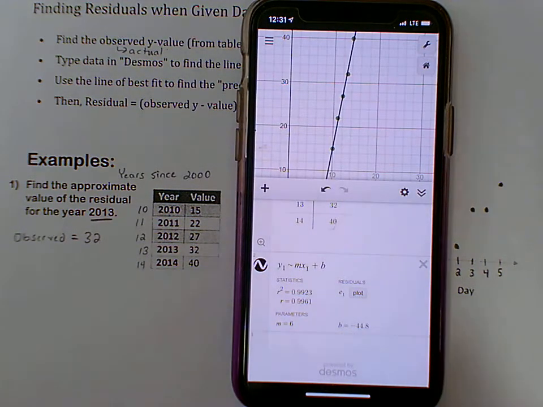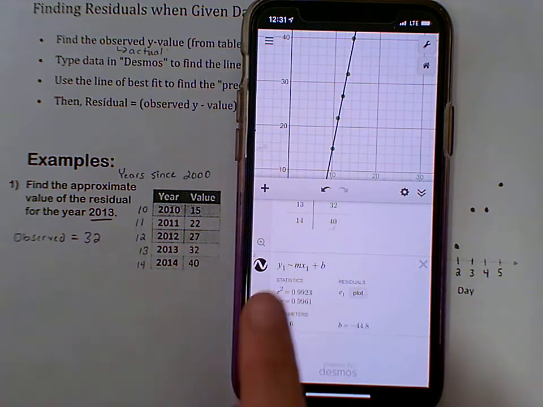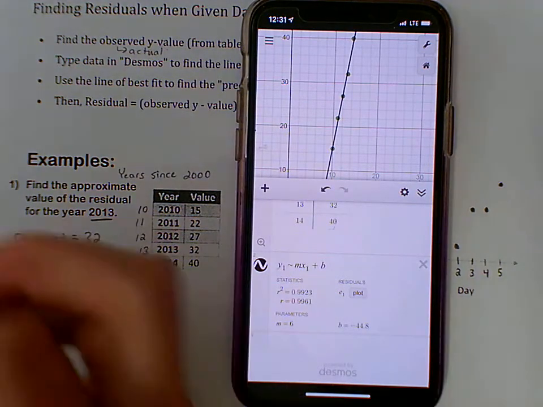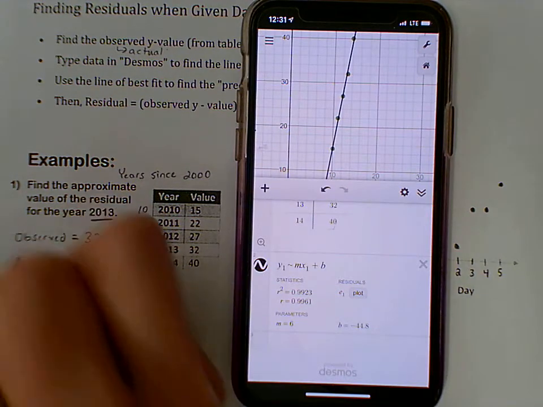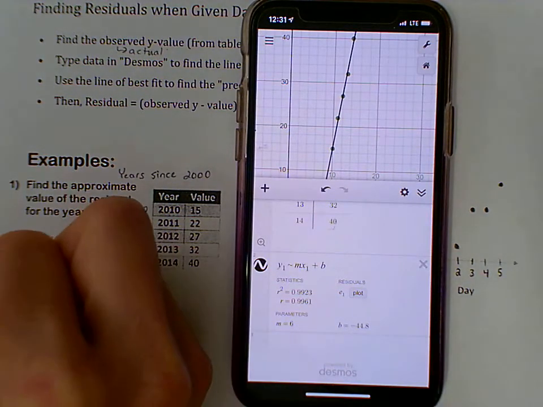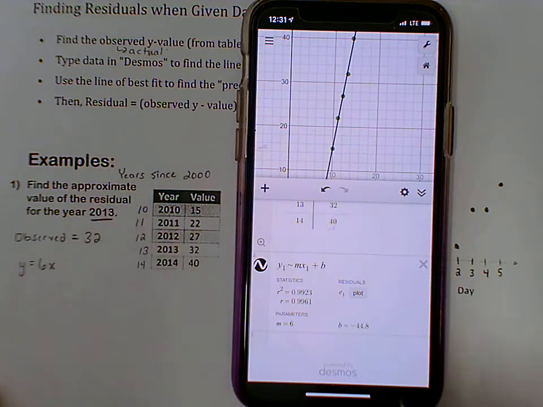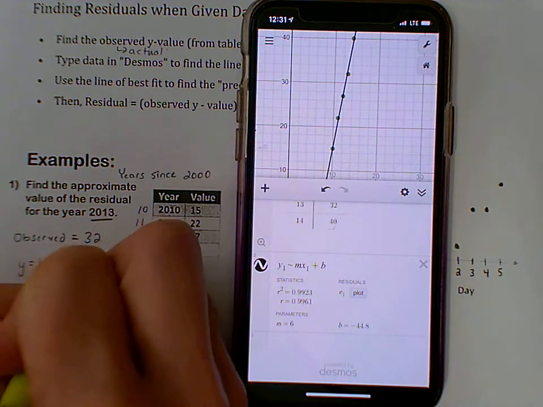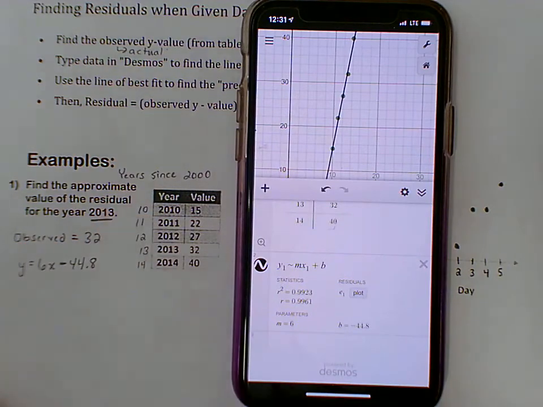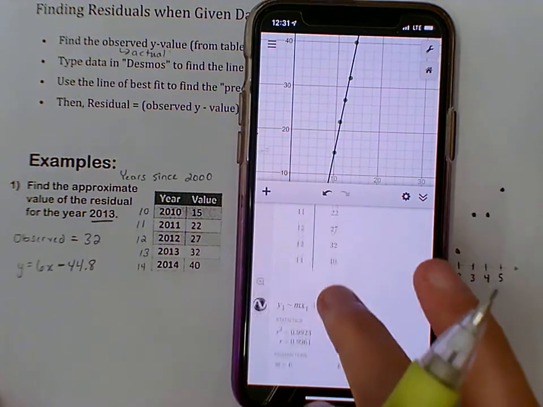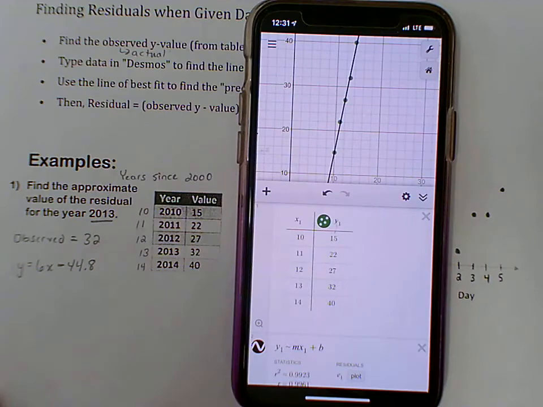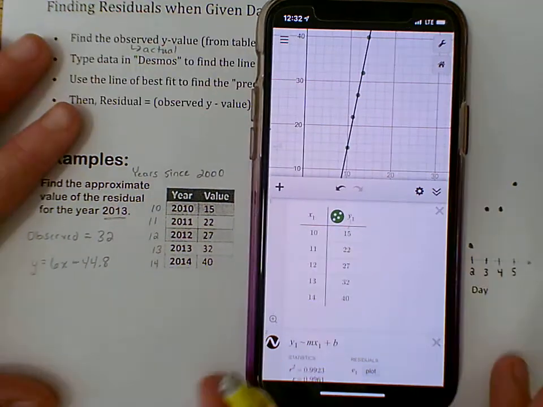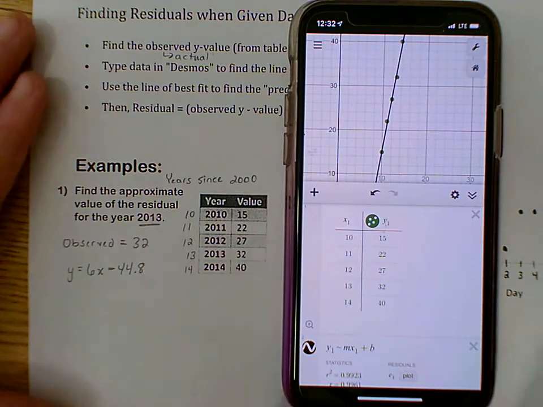So from there, you are going to look at what it gives you, and you will write down the equation of the line that best fits it. So my M is 6, so it's going to be Y equals 6X, and then my B value is negative 44.8. And remember, this equation is based on these numbers that I've typed in. If I typed in the years how they looked, that equation would be very different looking, okay? So just make sure you know that, all right?